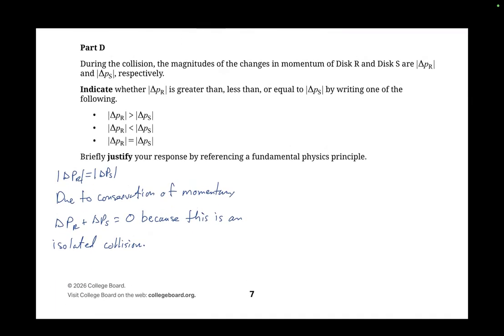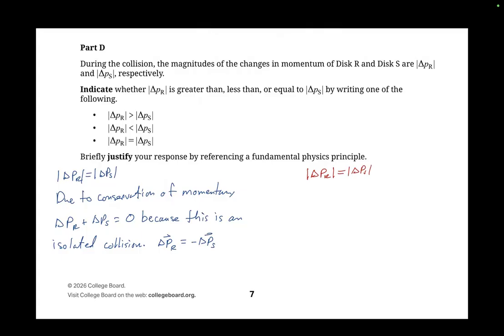And if that's the case, then in vector form delta PR should be the negative of delta PS. So their magnitudes should be equal. Perfect. That should work.